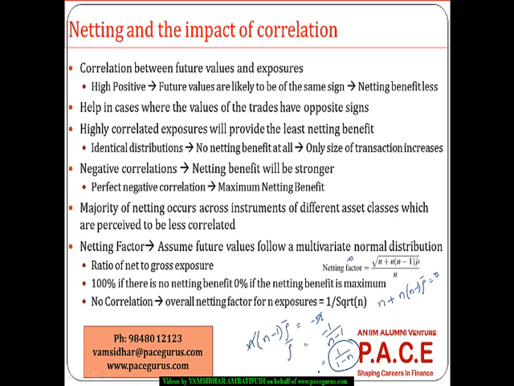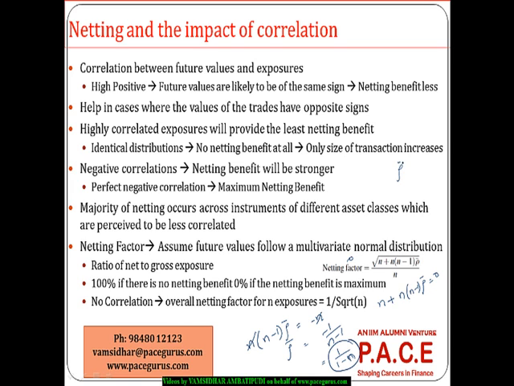Right? If the average correlation between the various assets is around minus 1 by n minus 1, then there is a 100% benefit because the net exposure is becoming 0. And this is a negative value. If you see, n is always higher, so 1 minus n is a negative value. So this will always be negative.